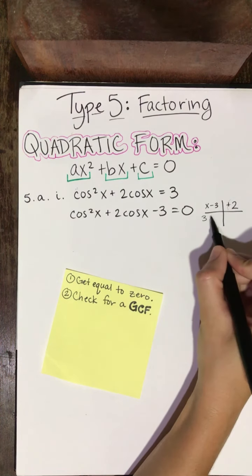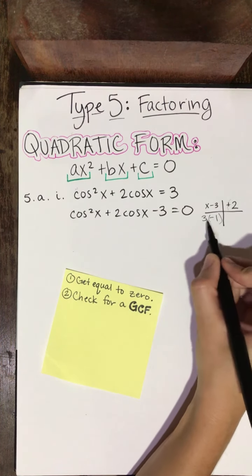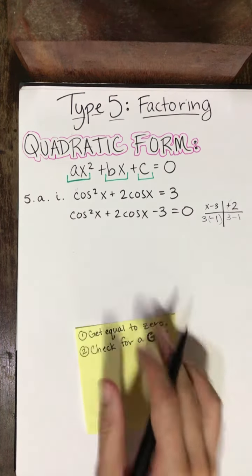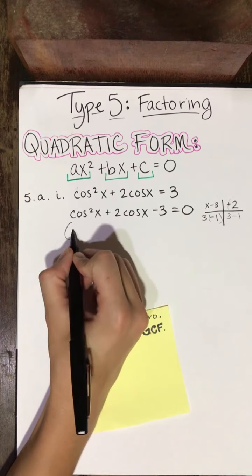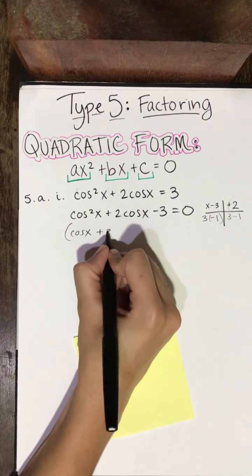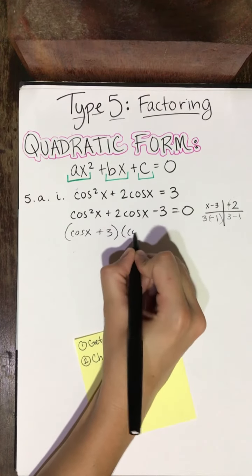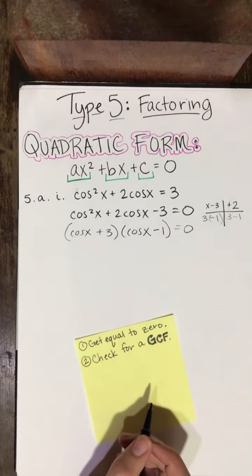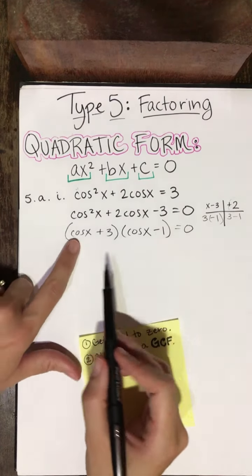So I'm going to have 3 minus 1. 3 times negative 1 is negative 3. 3 minus 1 is 2. So here's how I factor this. I'm going to have cosine of x instead of just plain old x, plus 3 and cosine of x minus 1 equals 0. Let's check that and see if it's right.